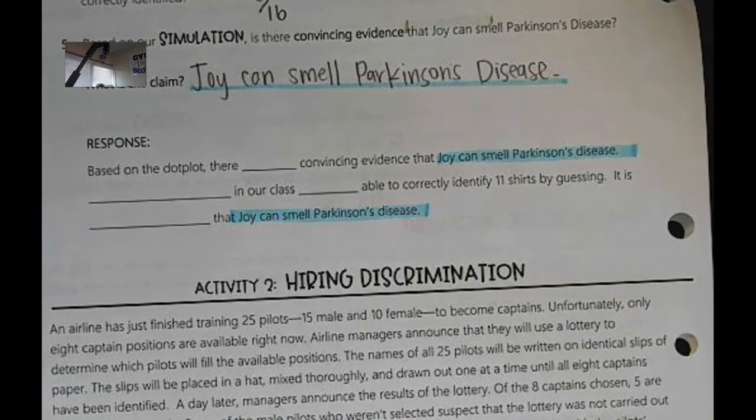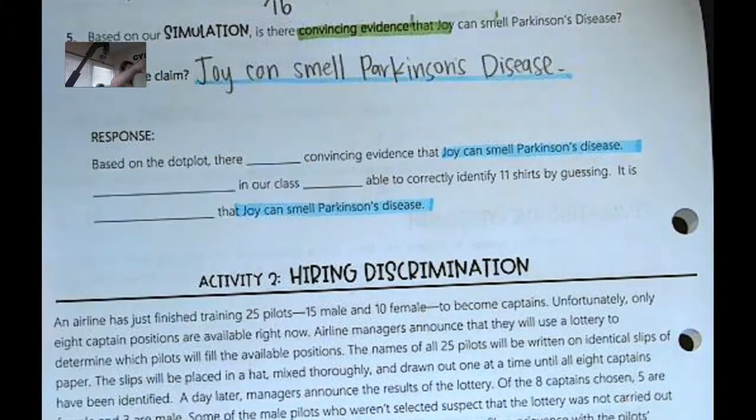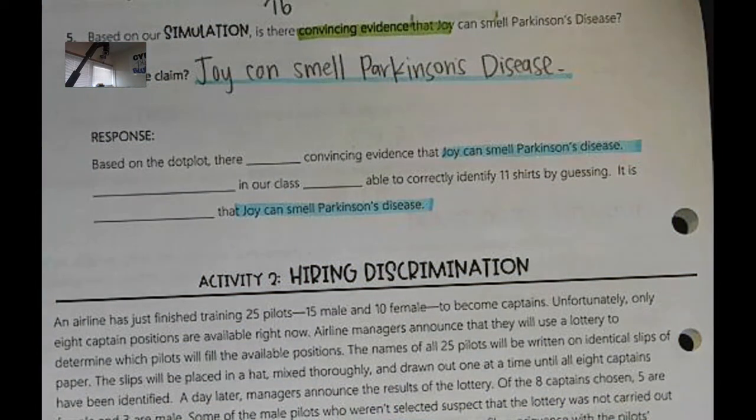So step number 1, when you decide, is there convincing evidence? I'm actually going to highlight that convincing evidence phrasing too. When you are determining, is there convincing evidence, the first thing that you do is make sure you know what the claim is so you can use it in the response.